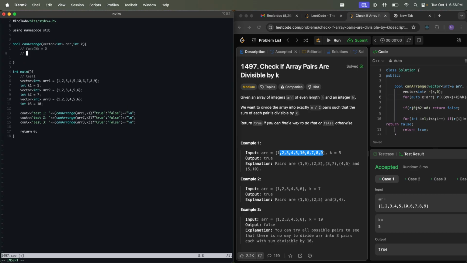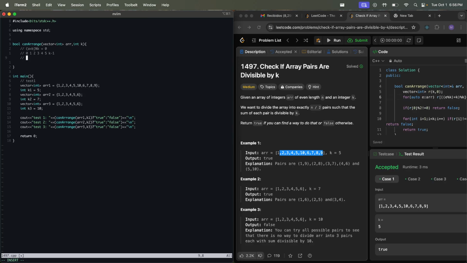That means that basically we can group or classify our vector into the possible remainders against k, and then we need to validate first that for 0, because the numbers with remainder 0 can only form pairs with the remainders with 0. We need to check that the count of numbers inside the array that have remainder 0 needs to be even, because in that way we can split those numbers in pairs.